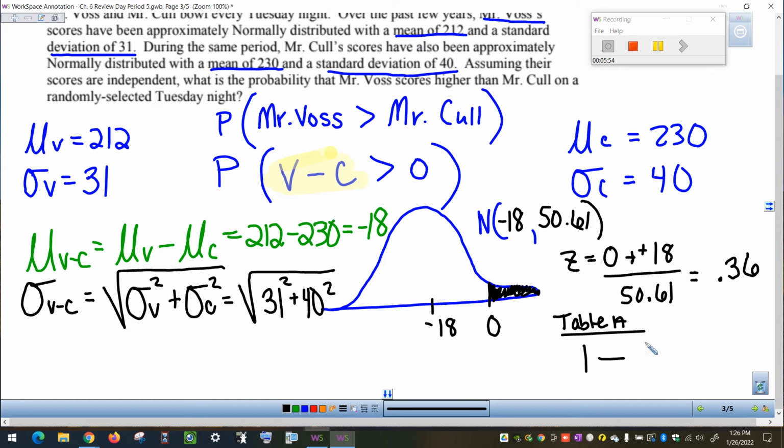So we'll go ahead and look that up here on table A. It looks like that area to the left of 0.36 is going to be 0.6406. So if we then subtract that from 1, that's going to give us the area that we're looking for. It's about 0.3594.